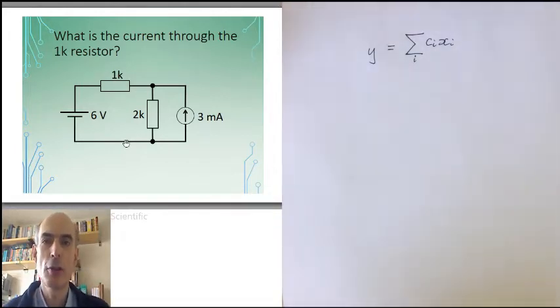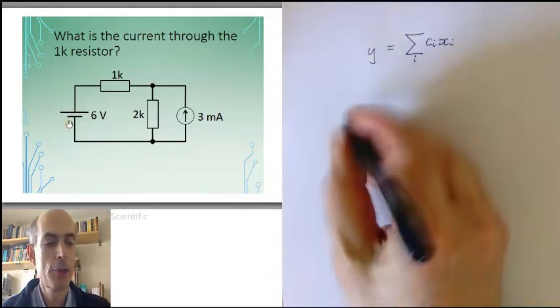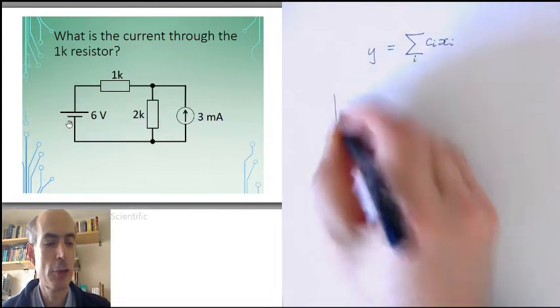We can set the voltage source to 0, and that means replacing the voltage source with a wire, so that would effectively give us this circuit here.